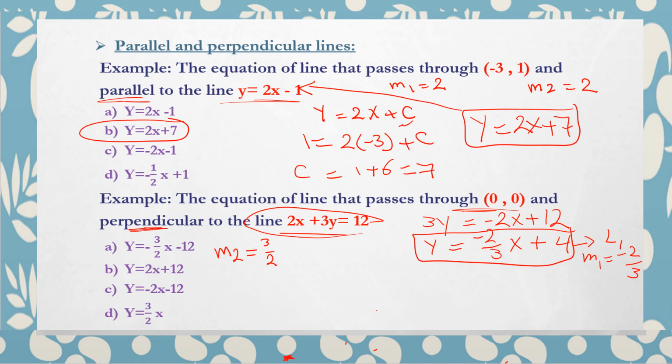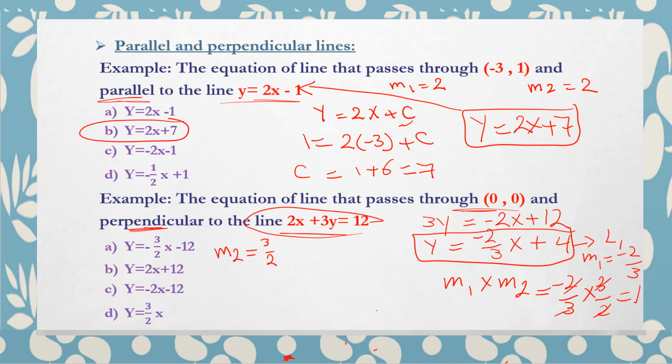And to check, by multiplying m1 times m2, we get minus 1.